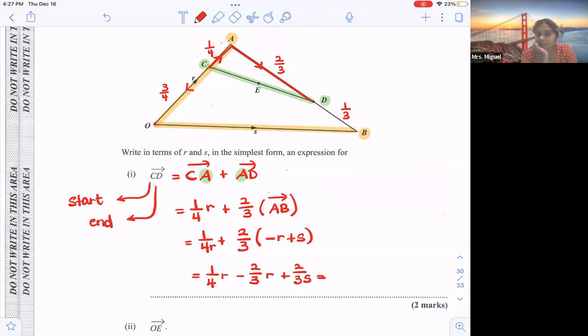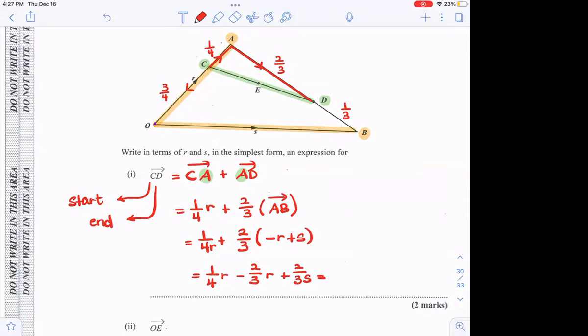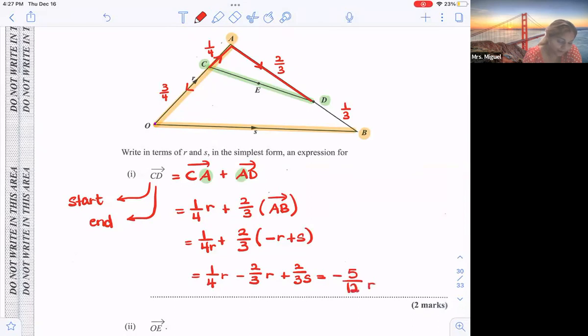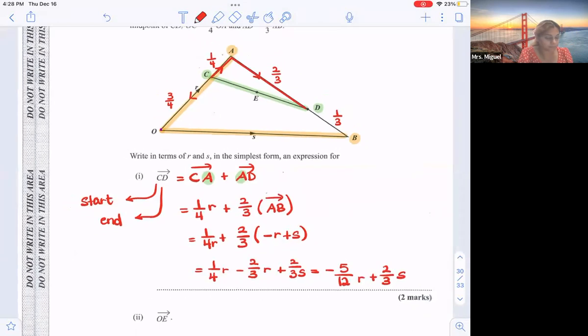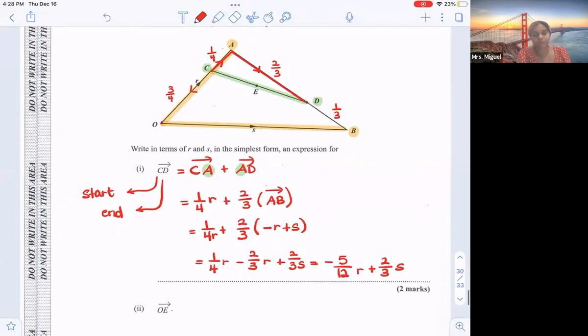How much is a quarter minus 2/3? Use the calculator. Miss, 5/12. Minus 5/12 R plus 2/3 S. Do you all understand how I got that? Yes, miss. All right, so take it out.